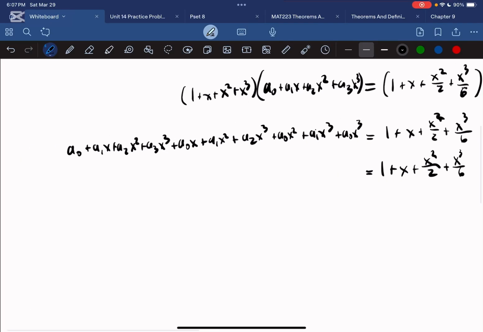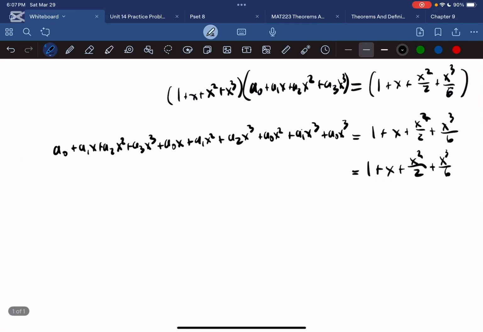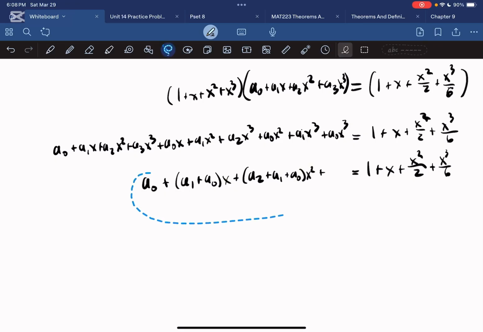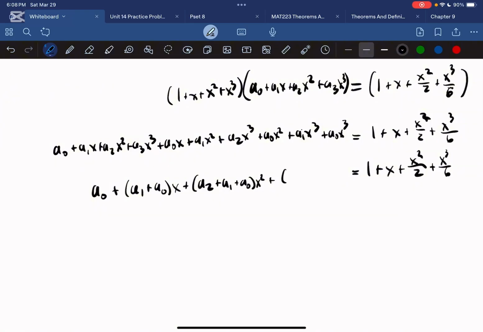But it is what it is. Let's take all the like terms. So it becomes a0 plus, and then x has a1 plus a0, x plus, and then x squared has a2 plus a1 plus a0. And then x cubed has a3 plus a2 plus a1 plus a0.